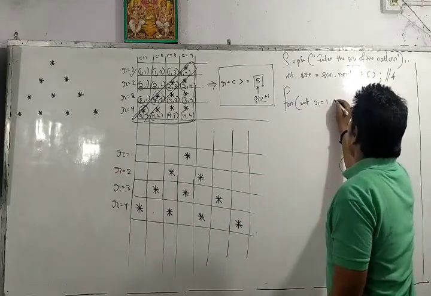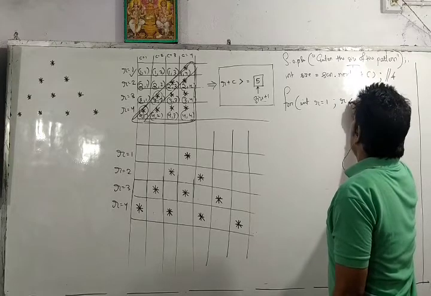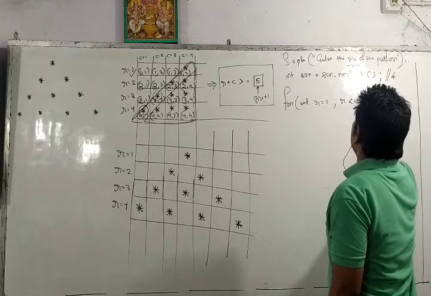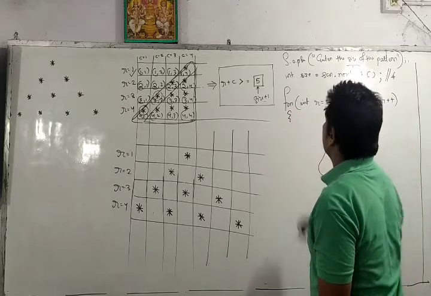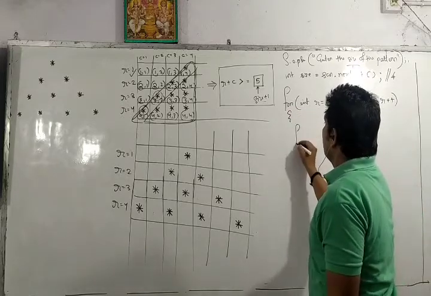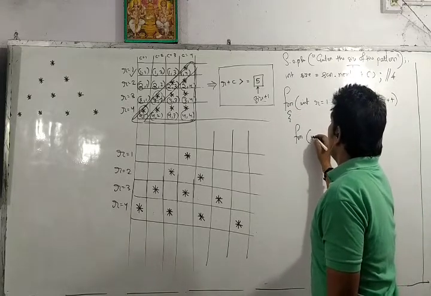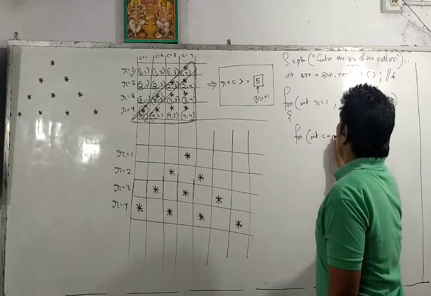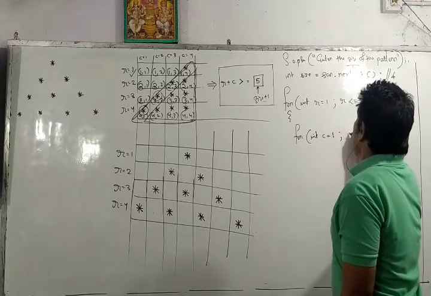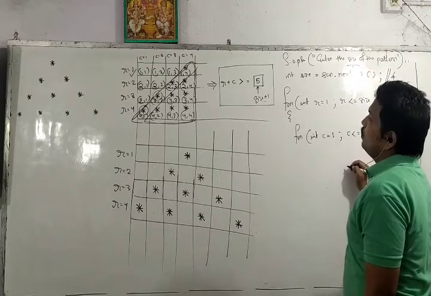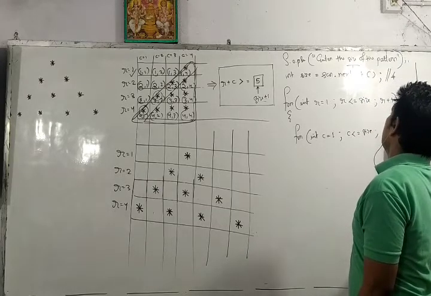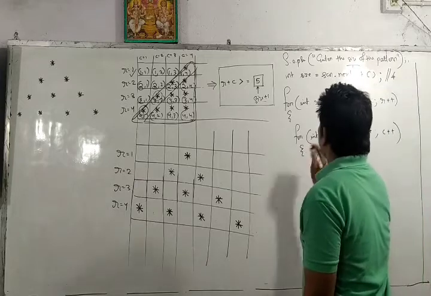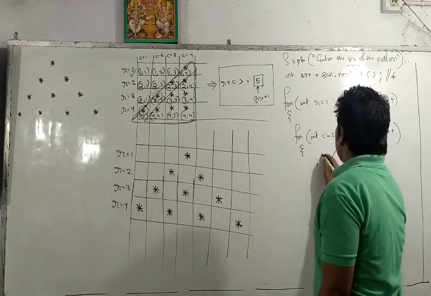So r is equal to 1, r less than or equal to size, then r plus plus. Then the inner for loop, int c is equal to 1, c less than or equal to size again, then c plus plus. Then what is the condition?